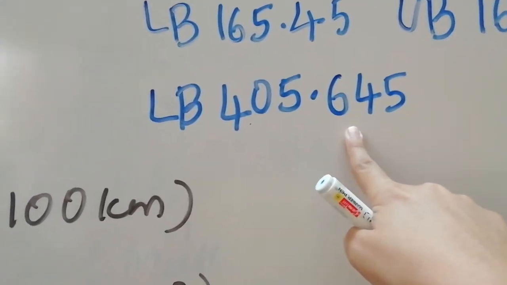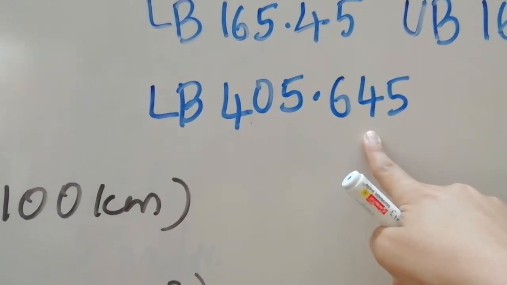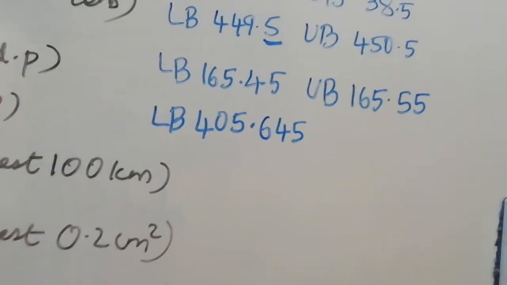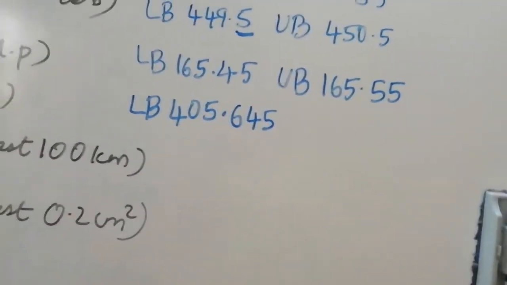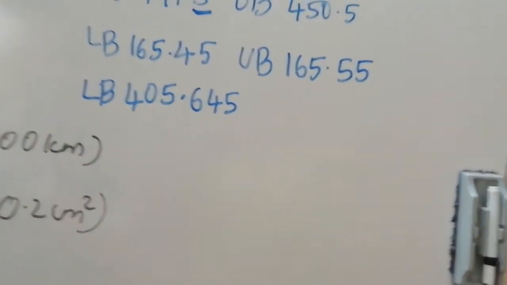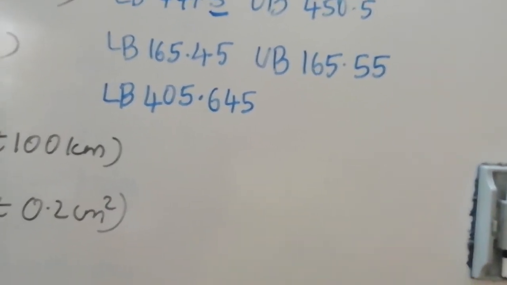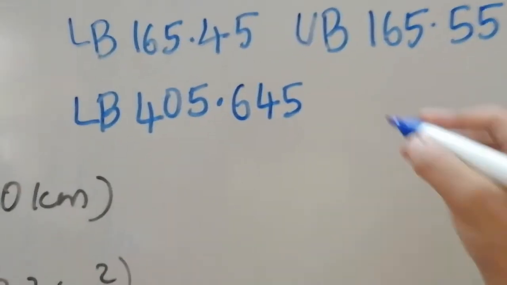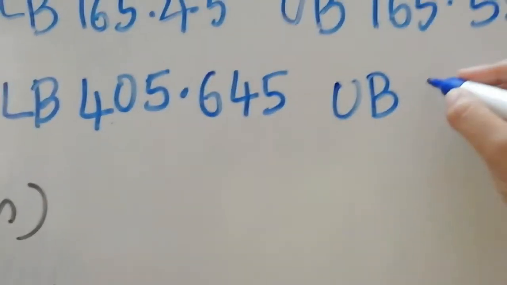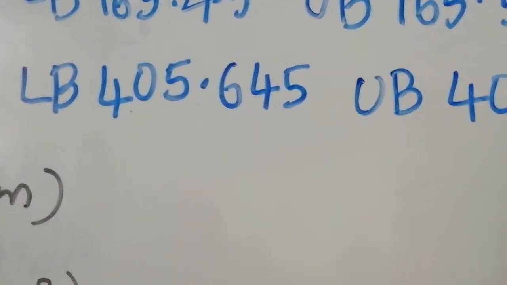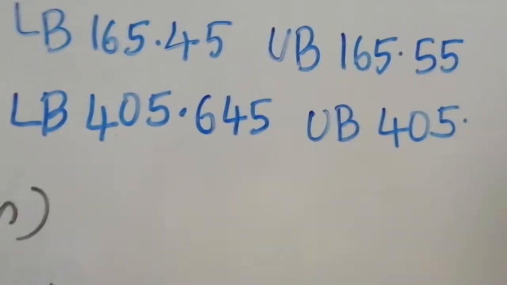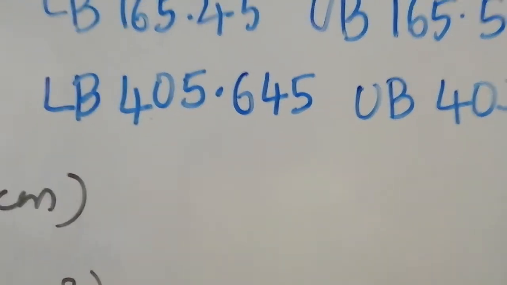When you round this off, this will become 0.65. Now we have gone 0.005 steps behind. In the same manner, we will go 0.005 steps ahead. So your upper bound will be 405.655.